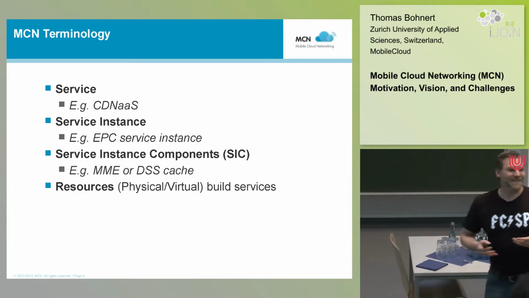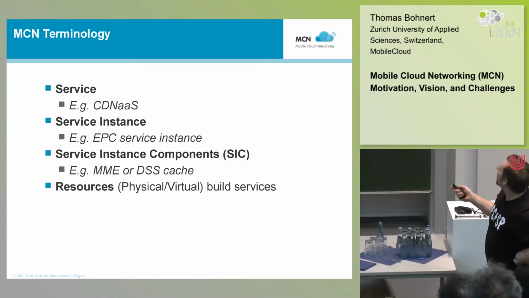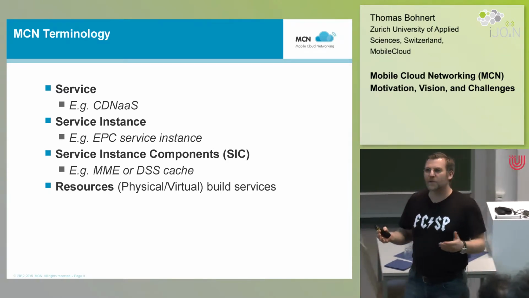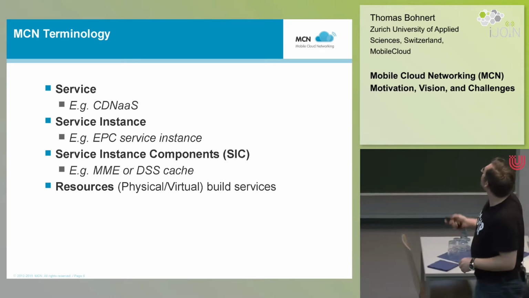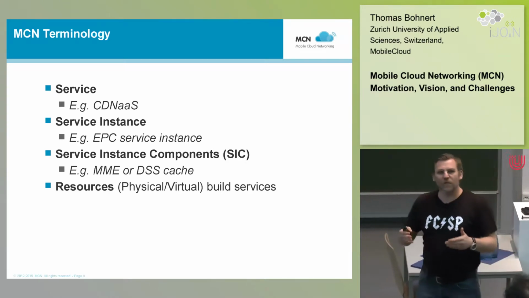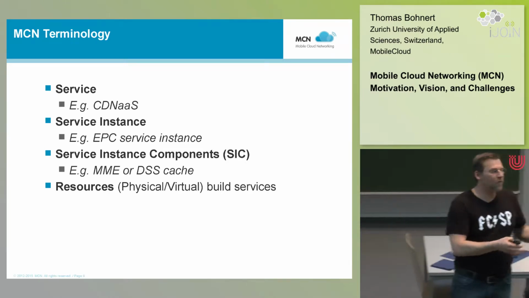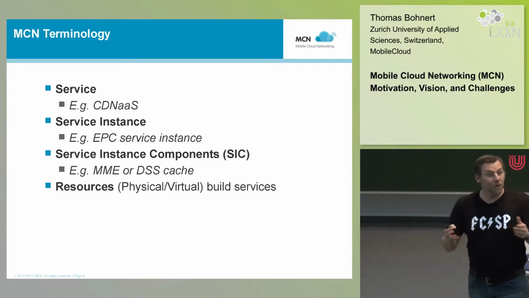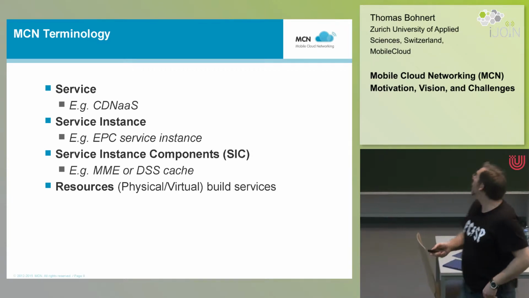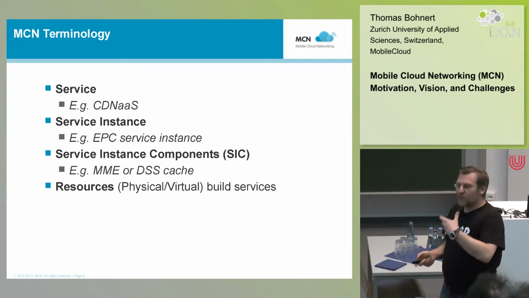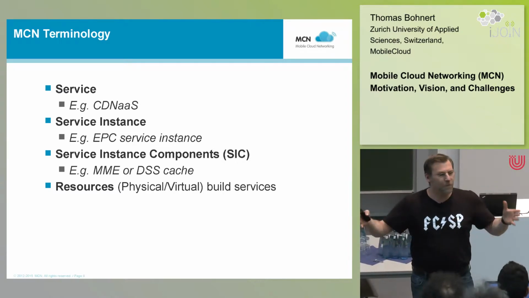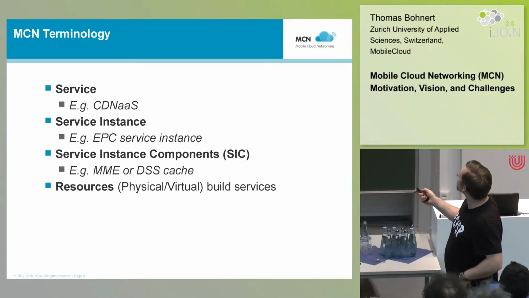Okay, so we agreed on the top level that we have so-called mobile cloud networking services, or MCN services. For instance, like a content distribution network as a service, or an EPC, Evolved Packet Core as a service, or a radio access network as a service, or also load balancing as a service. These are the abstract concepts. Then implementations of them, which run, for instance, on top of a few virtual machines, are so-called service instances.